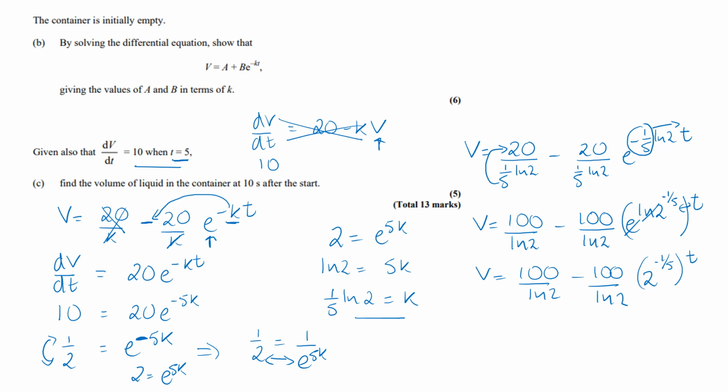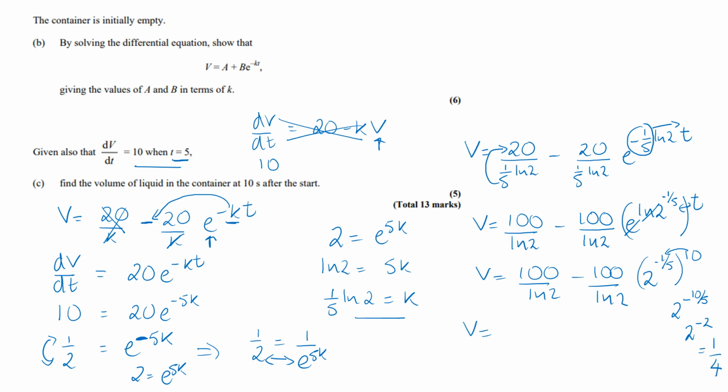So now we're trying to find what the volume is when t is 10. If we sub in that t is 10, we're going to times those two together. So this term is going to be 2 to the minus 10 over 5, which is 2 to the minus 2, which is going to be a quarter.